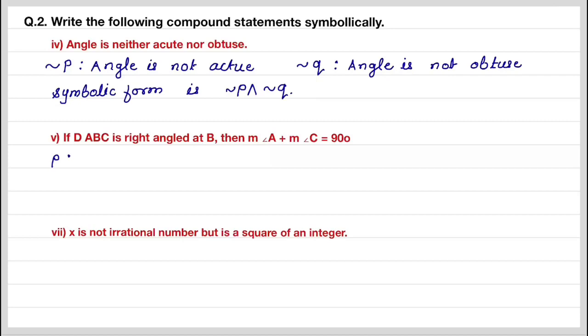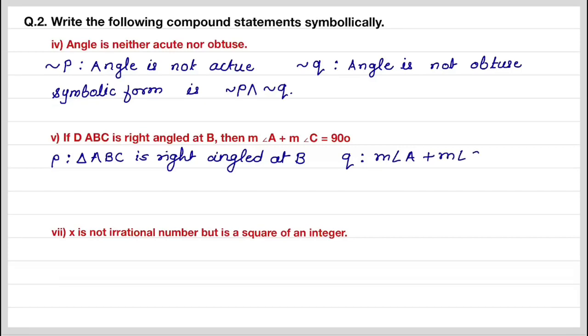First of all, write separate statements. P triangle ABC is right angle at B. And second statement, Q measure of angle A plus measure of angle C is equal to 90 degree.